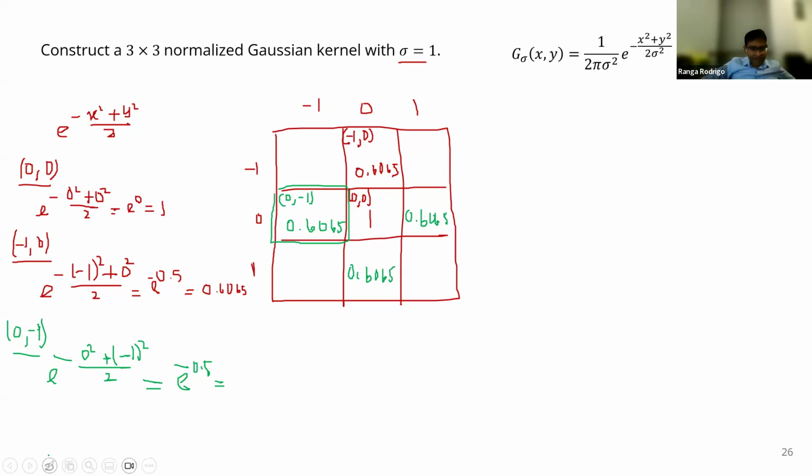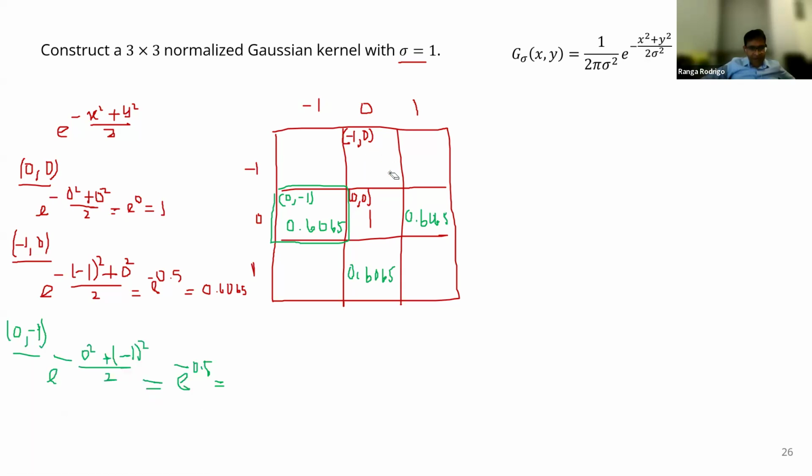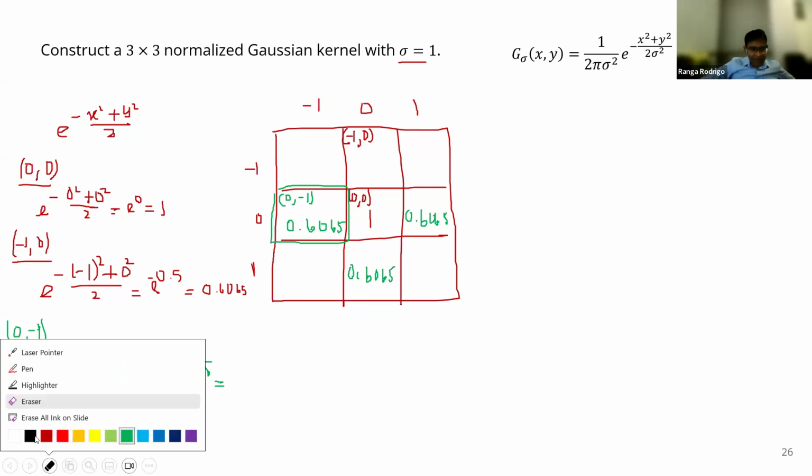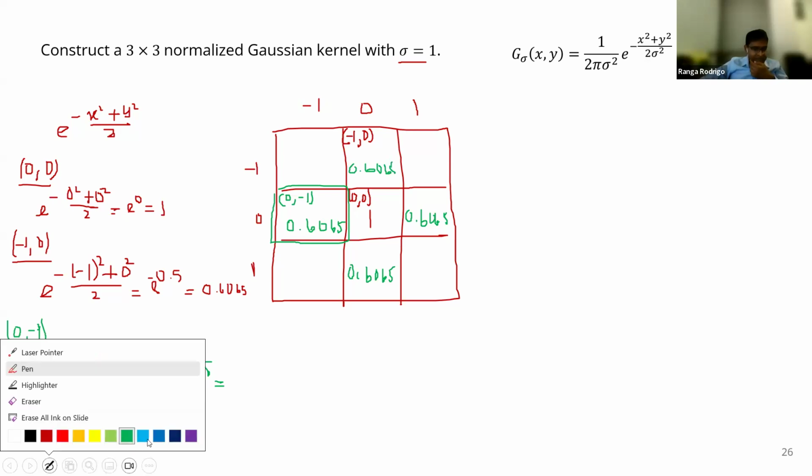It's very easy. So I will write that also in the same color. Then we have one more location, 4 more locations.